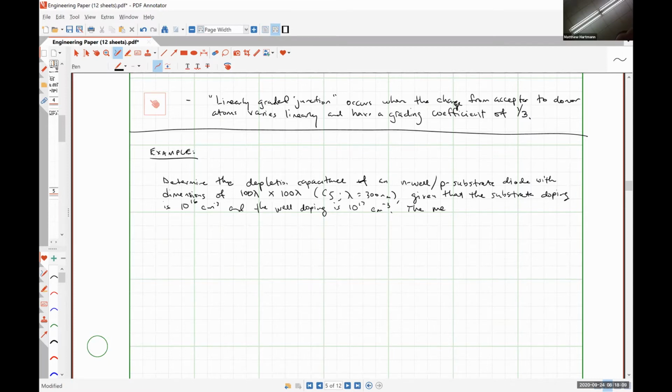Measured zero bias depletion capacitance of the junction is 100 attofarads per micron squared.